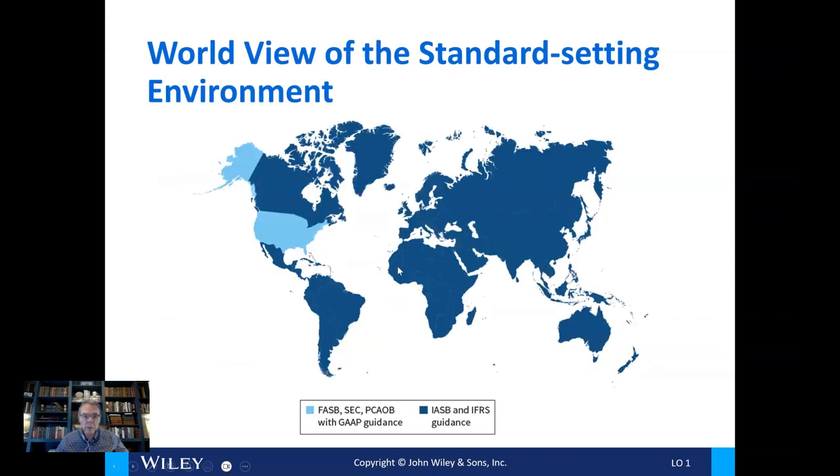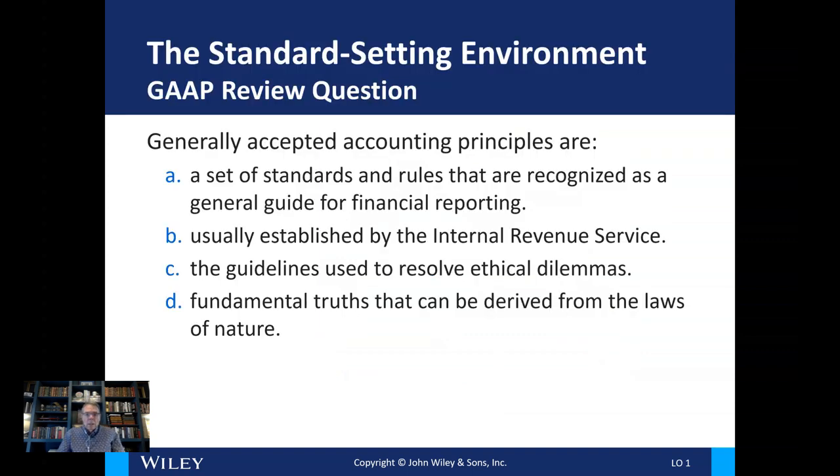So you can see that we use FASB, but a lot of these other countries use International Financial Reporting Standards. So, generally accepted accounting principles are a set of standards and rules that are recognized as a general guide for financial reporting. That is correct.